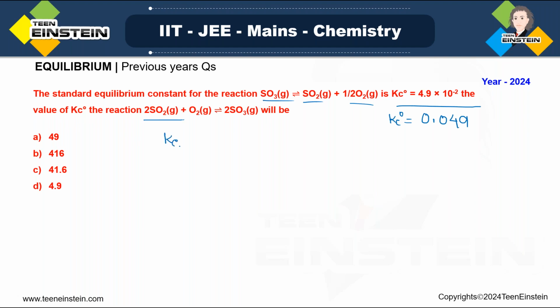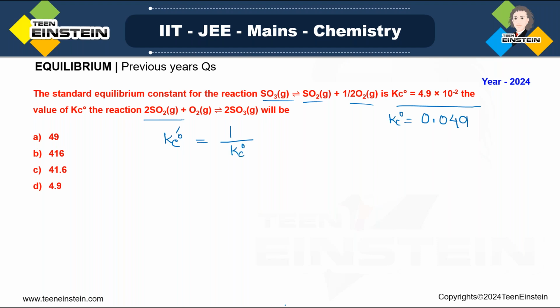Suppose for the second reaction, I am writing Kc naught prime so that we can understand the difference between these two. So Kc naught prime is related to the previous equilibrium constant. How? First of all, it is reversed. And when it is reversed, you just have to take 1 by Kc naught.